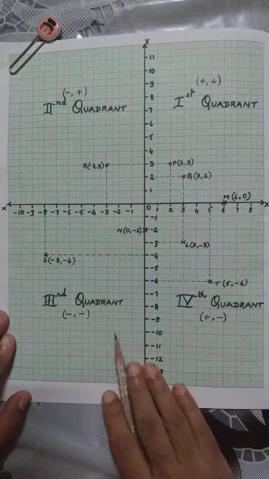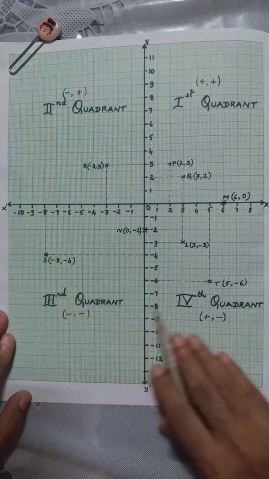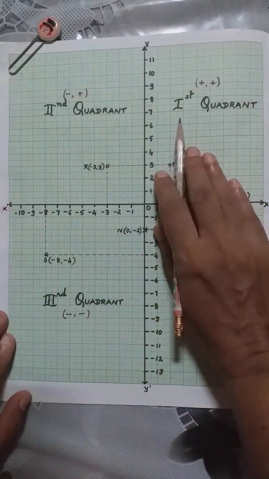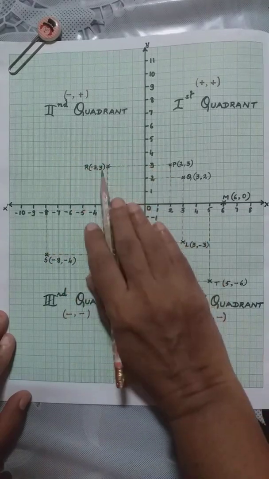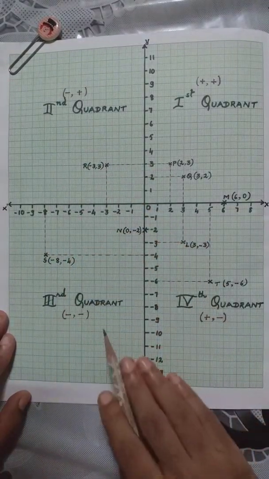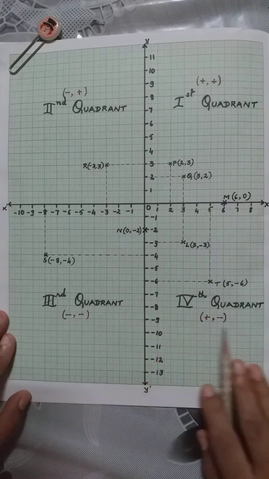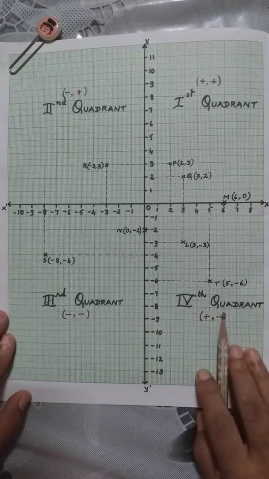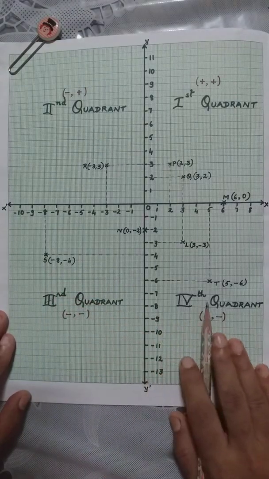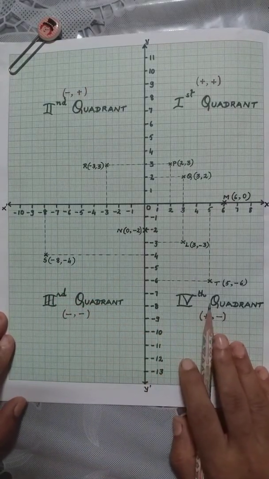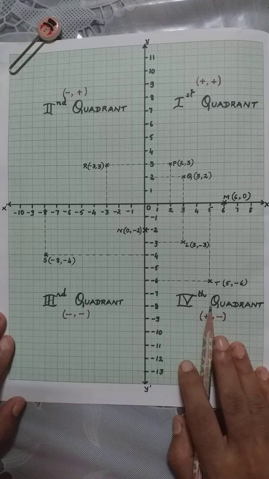Clockwise would be this way, anti-clockwise is the opposite side. So this is the first quadrant, the next one will be the second quadrant, here we have the third quadrant, and lastly here we have the fourth quadrant. So the quadrants are numbered in the anti-clockwise direction.